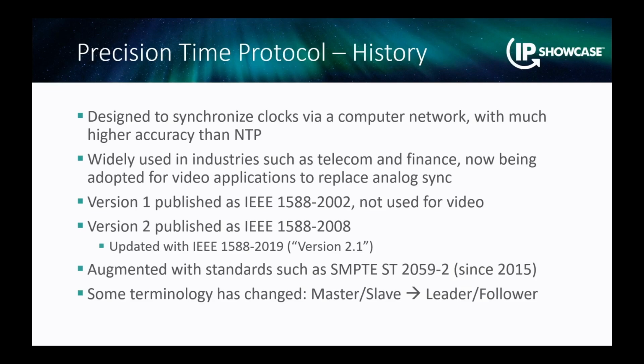The first standard where video is using PTP was the SMPTE 2059, which was published in 2015. That was based on the second version of PTP, so IEEE 1588, 2008. So that's PTP version 2. There is an older PTP version 1, not used at all in video implementations.